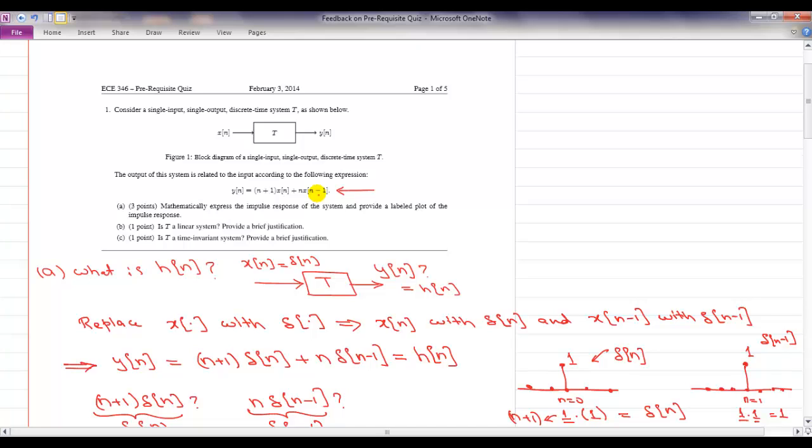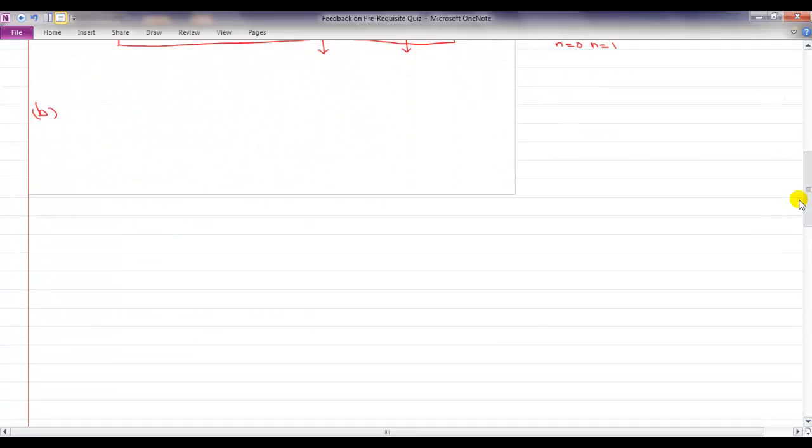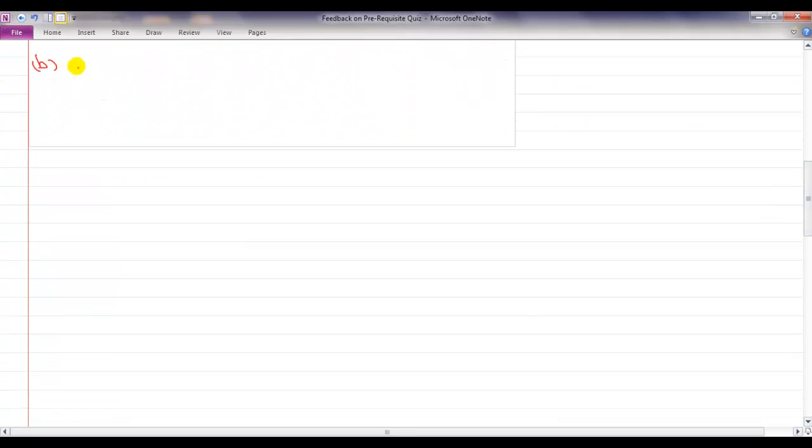The definition of impulse response is simply: if I input an impulse, what is the output? That output is called the impulse response. So we have to really check whether the system is linear or not. I'll just write here the relationship so that we can remember it: (n plus 1) x[n] plus n x[n minus 1].